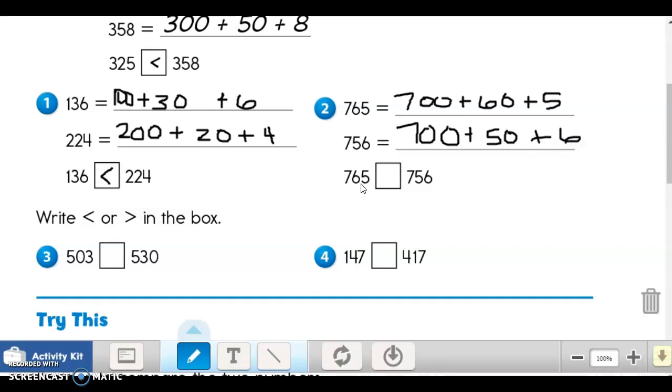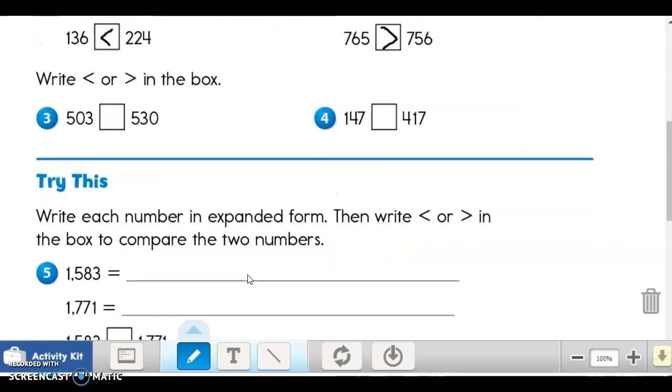So 765 is greater than 756. Write less than or greater than in the box. 503 or 530. 503 is less than 530. 147 is less than 417.